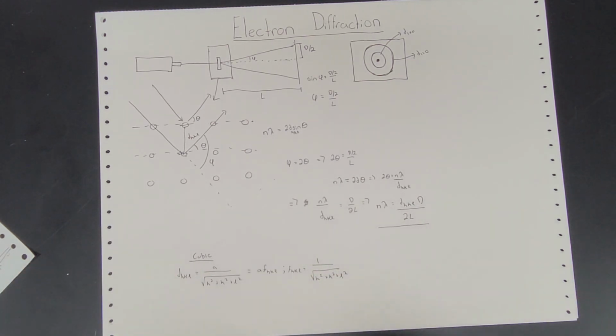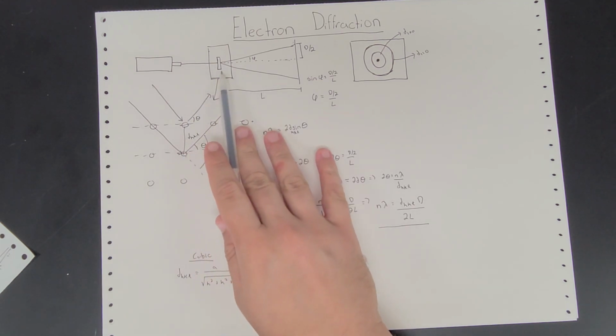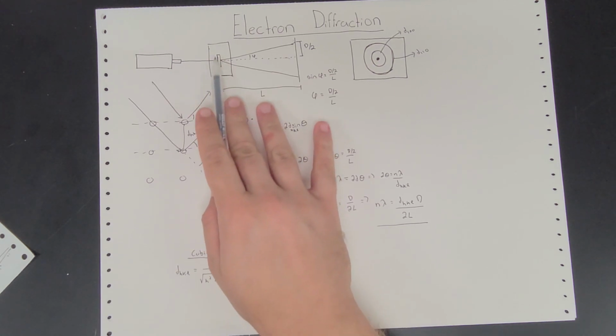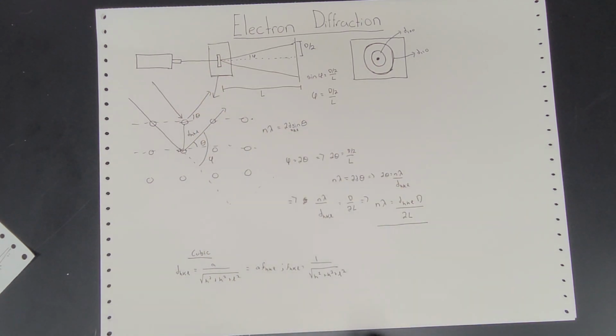The problem is, in this lab, we don't know what the structure of our particular sample is. We just know that it's graphite. Unless we look it up, which we're not going to do, we don't know what this structure is. So we have to look at some other types of crystal structures.